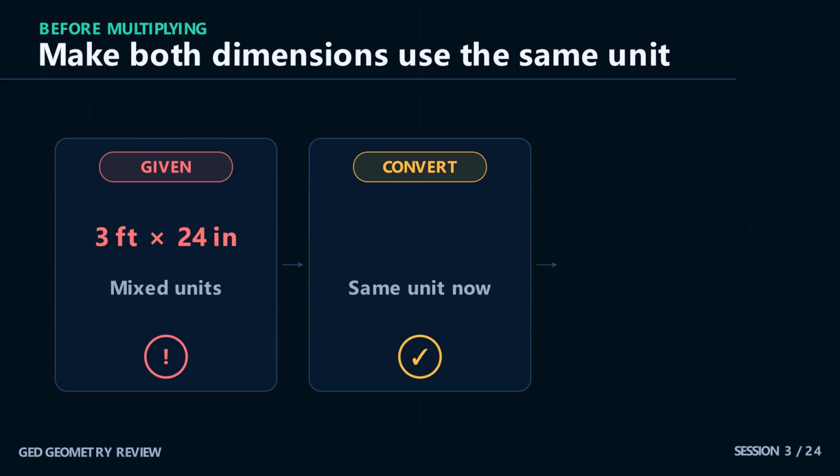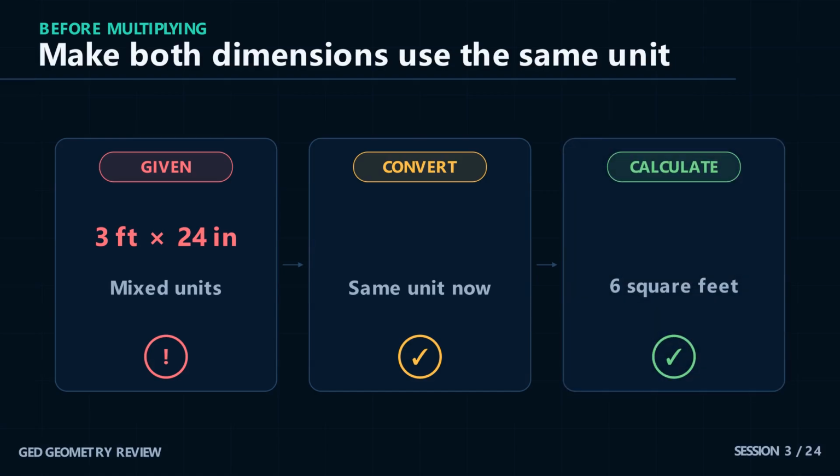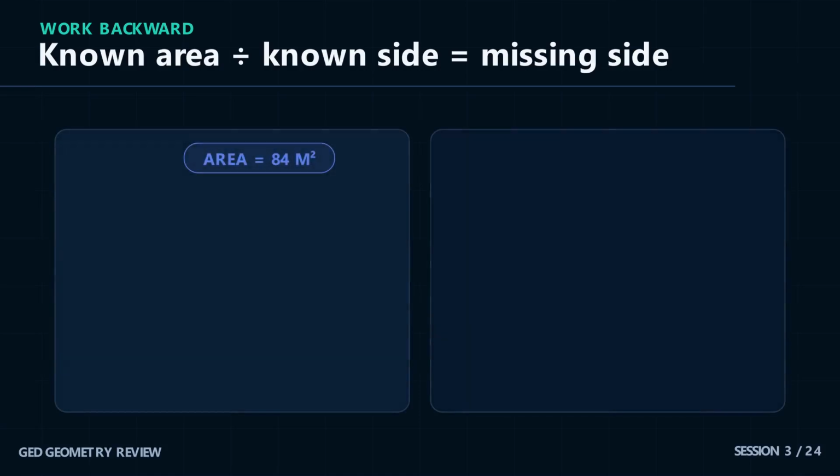The area is 6 square feet. You could instead convert 3 feet to 36 inches and get 864 square inches. Both answers describe the same surface. Convert first, then calculate.